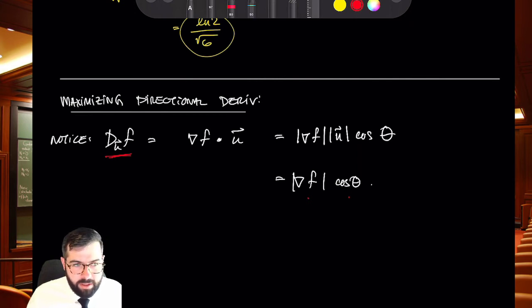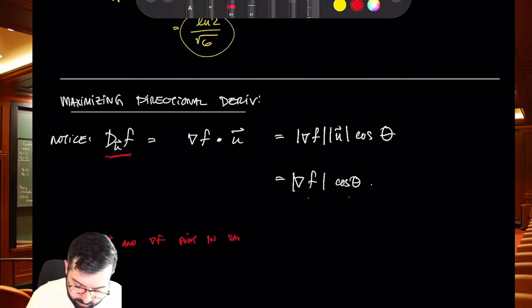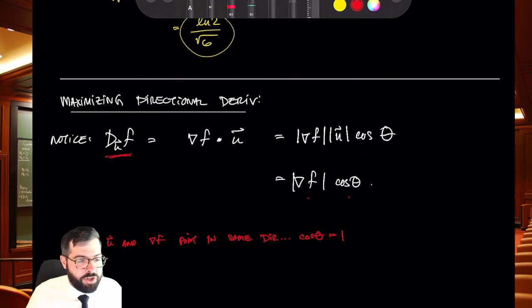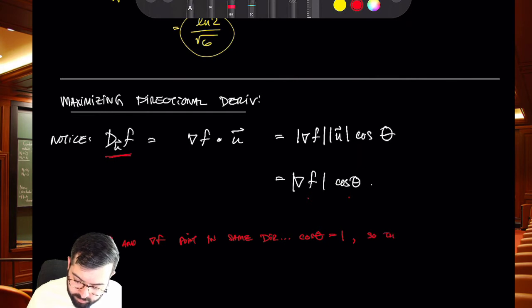If they're pointing in the same direction, what's the cosine of the angle? Cosine theta equals 1. That's the highest value it can achieve. So this is the maximal amount of change.